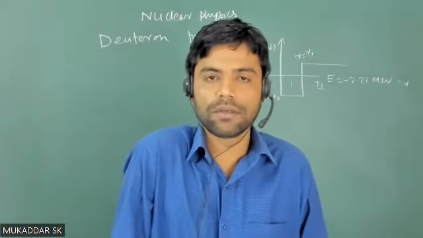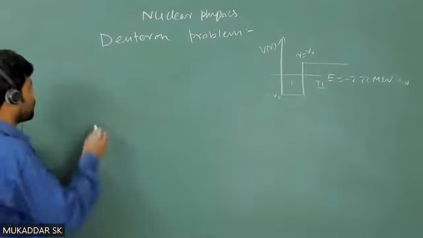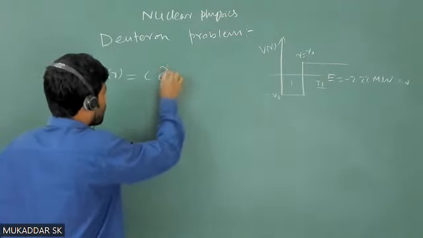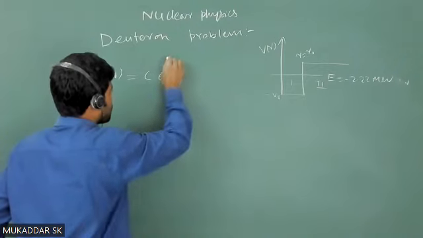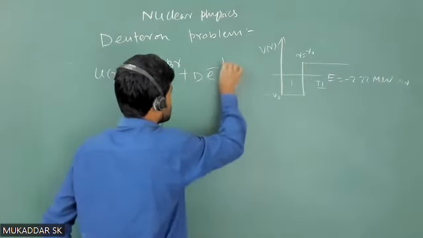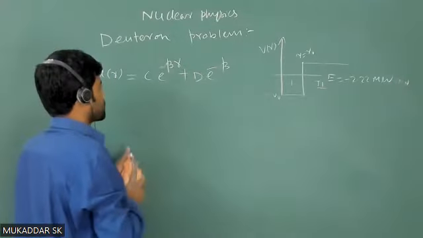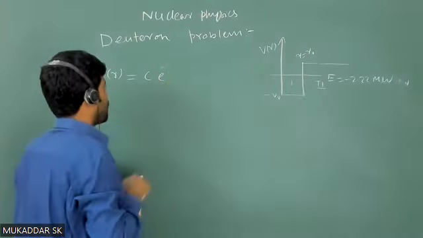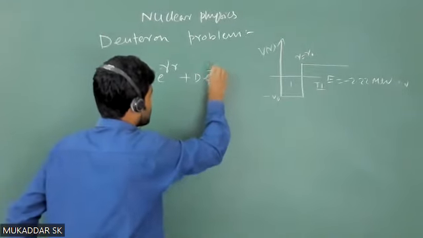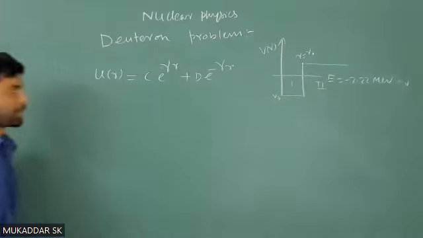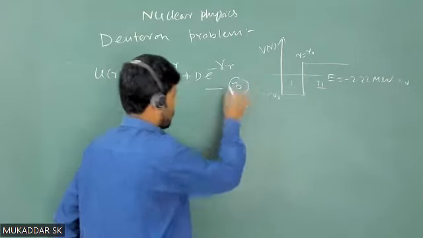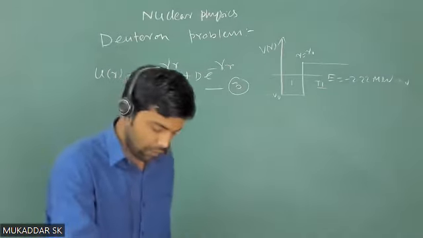The solution of this differential equation will be u of r equals c exponential gamma r plus d exponential minus gamma r. This is your equation number 3.